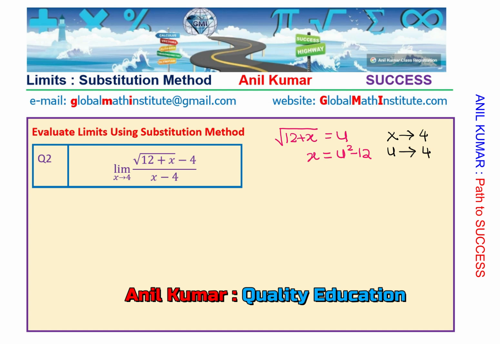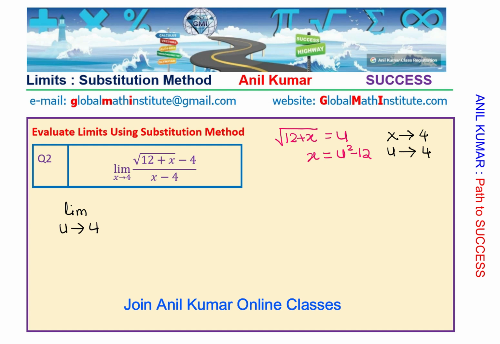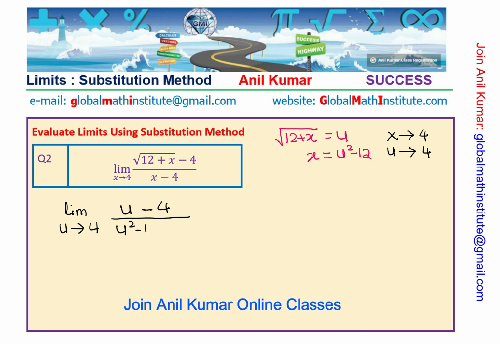So these are the things which will be essential to change the limit equation. So now we could rewrite the limit as limit u approaches 4 of u minus 4 over u square minus 12, and we have minus 4 already. Is that clear to you?